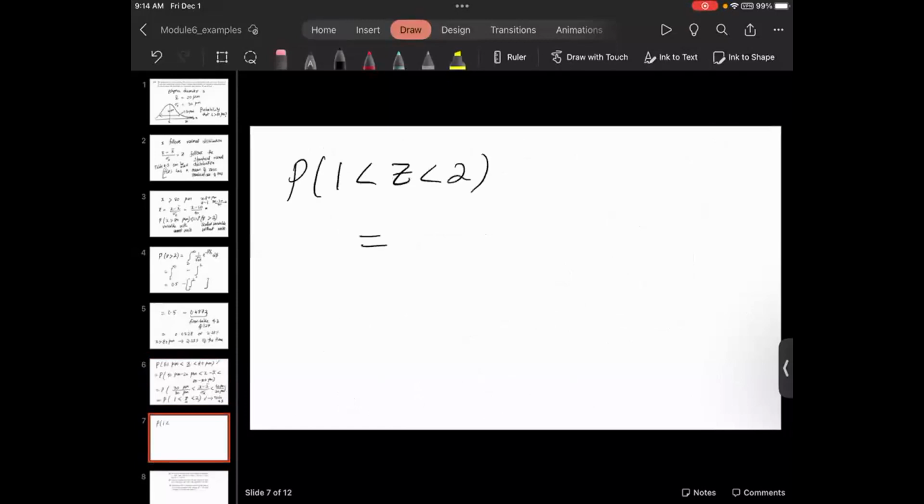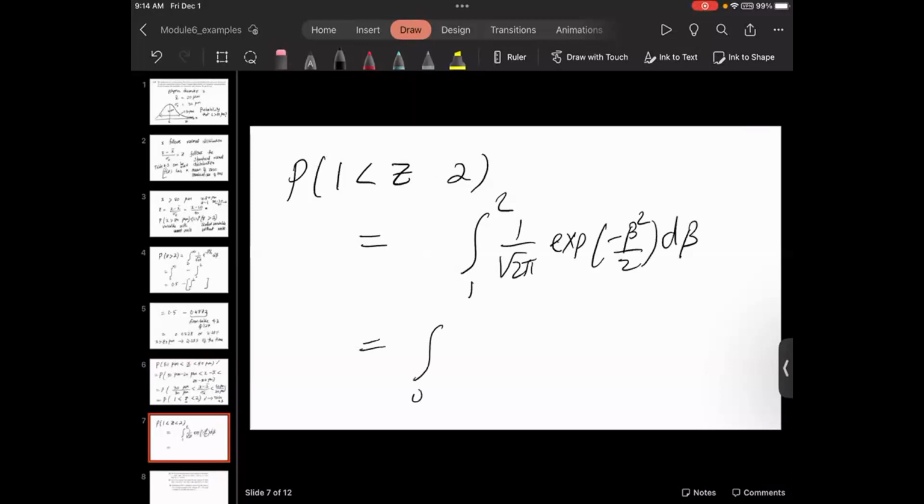Now, if you want to look up the probability of z taking values between 1 and 2, that is easy. This is the integral from 0 to 2 of 1 over square root of 2 pi, exponent of minus beta squared over 2, d beta, and I can split this as 0 to 2 minus 0 to 1, which is what we did in class, and we made the arguments about subtracting the areas.